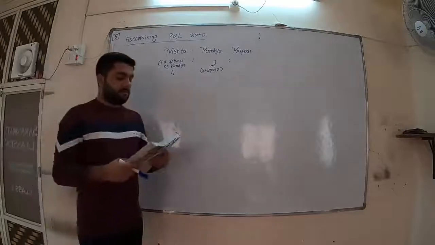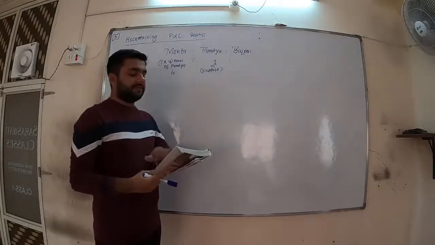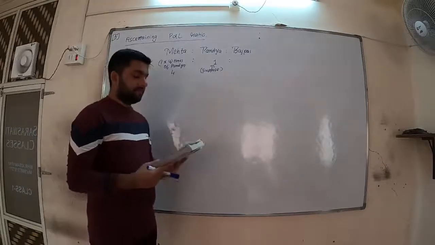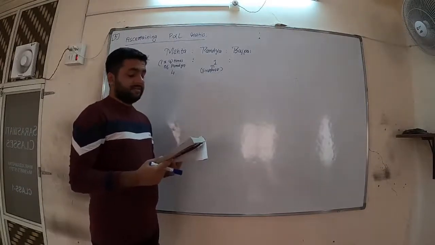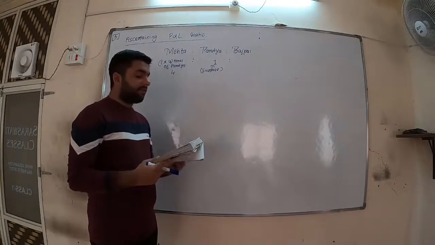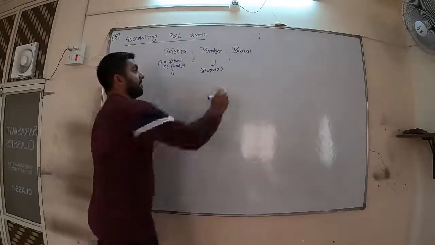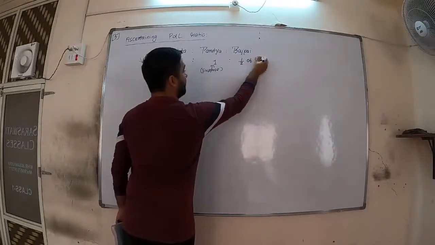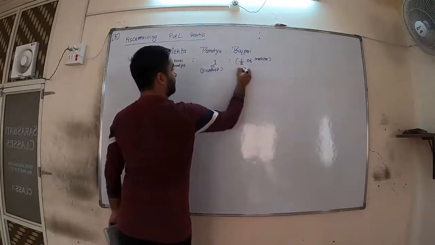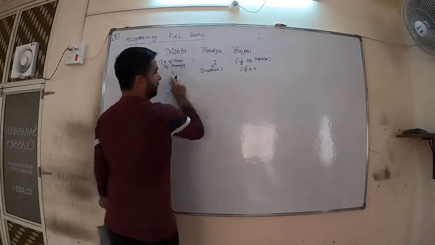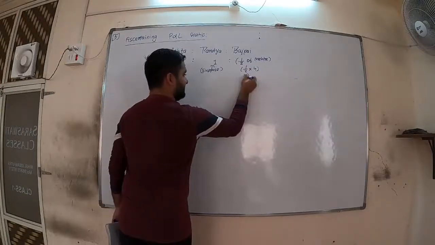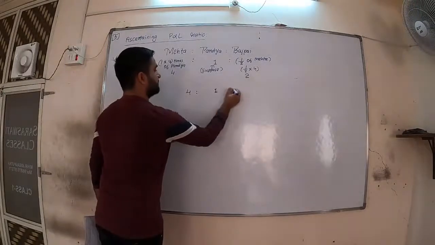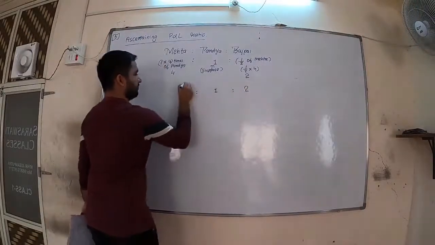So Pandya is 1, Mehta is 4. While Bajpai receives his share half of Mehta. 1/2 of Mehta. So 1/2 into 4 is 2. So the final ratio is 4:1:2.